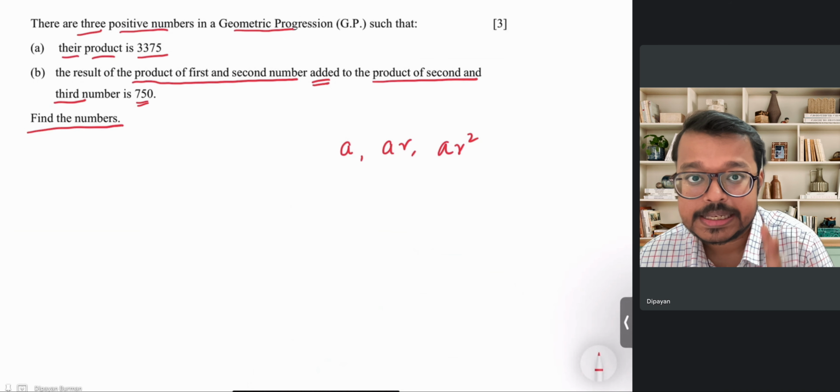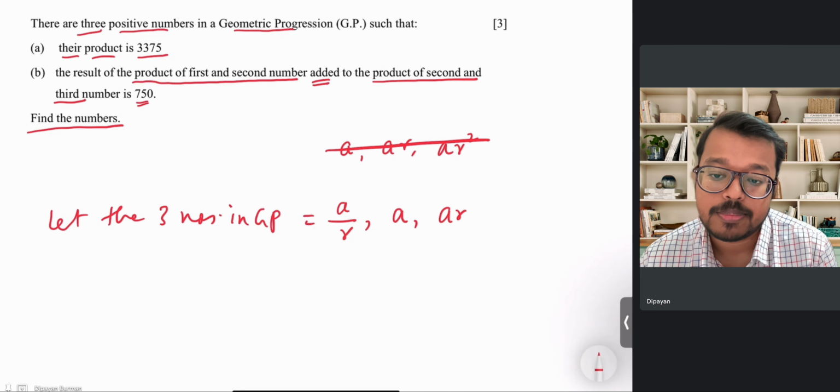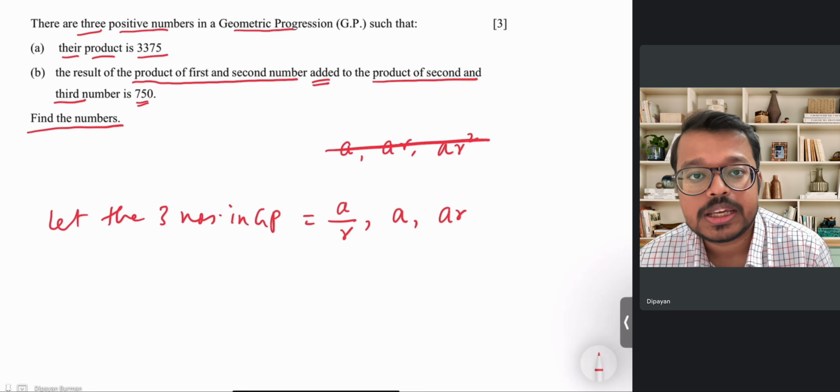So let's say that the first term instead of A is actually A by R, the second term is A, and the third term is AR. You will still see that the common ratio between the three terms is R. So I will say that the three numbers in GP are A by R, A and AR.